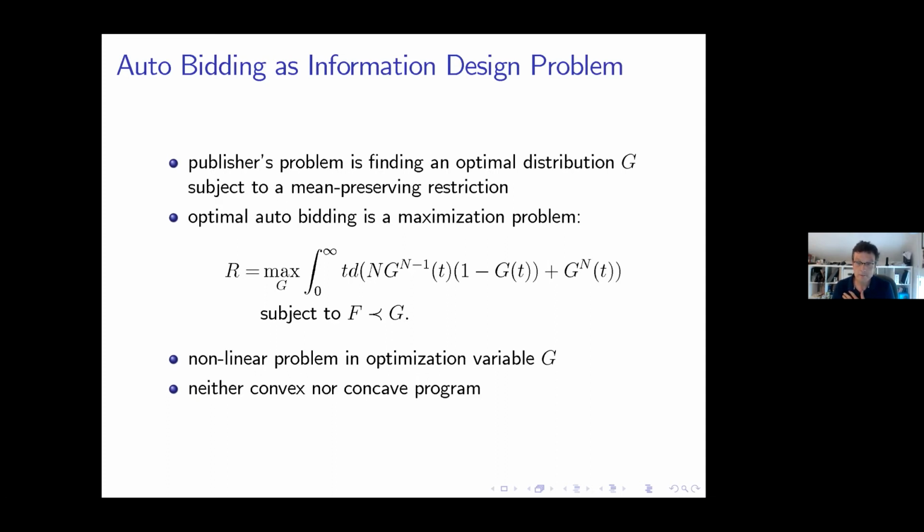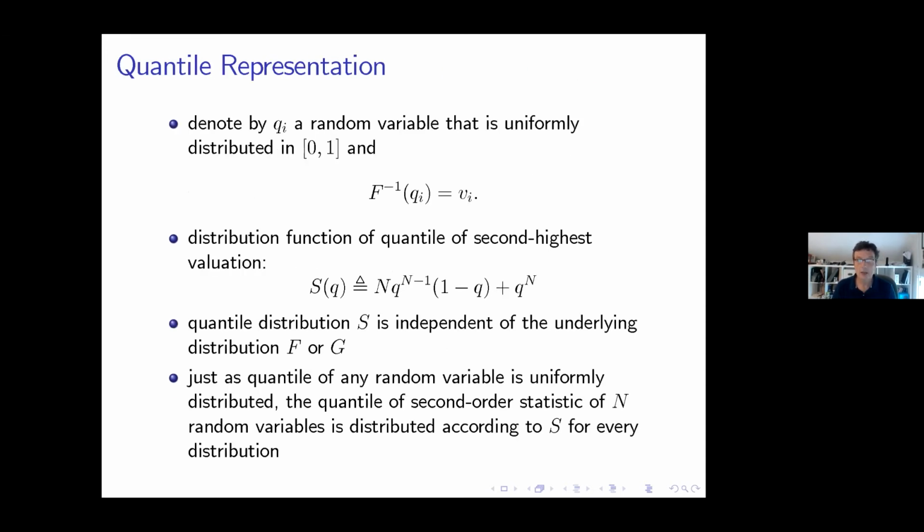What we're going to do in the first step is to rewrite it so that we can formulate it as a linear program, and we still have a nice description of the set of feasible distributions. The way we do this is to rewrite it not in terms of a distribution of values, but in terms of a distribution over quantiles. Of course, we're not interested in the quantile of the individual values. We're interested in the quantile of the second order distribution.